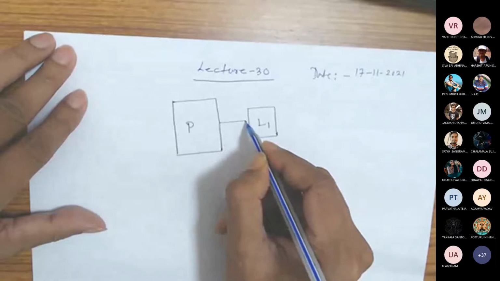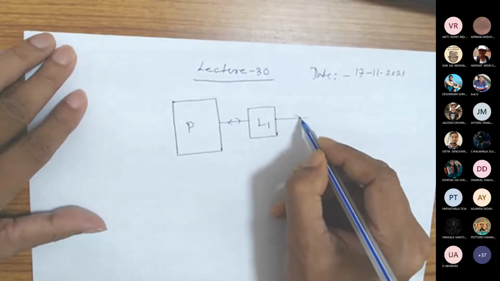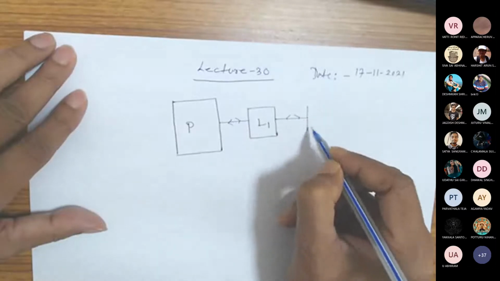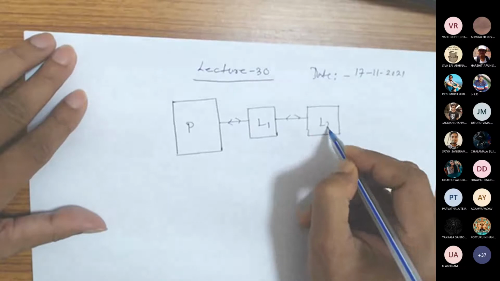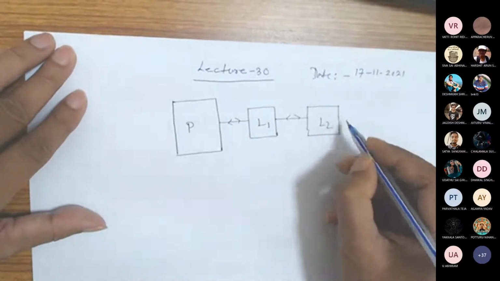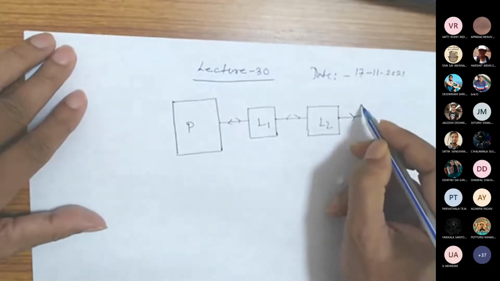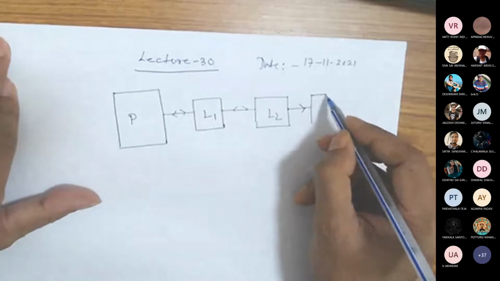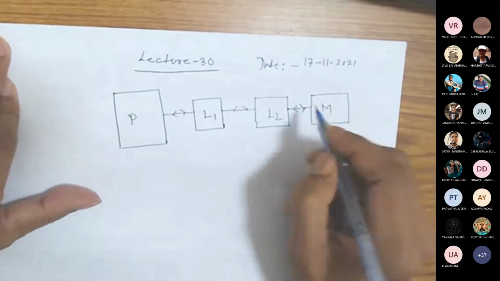You can have another cache here, which we call L2 cache. And then it goes on. You can even go for L3 cache, which is usually a DRAM cache, but for the time being we can ignore that, and you can assume that this is the memory.